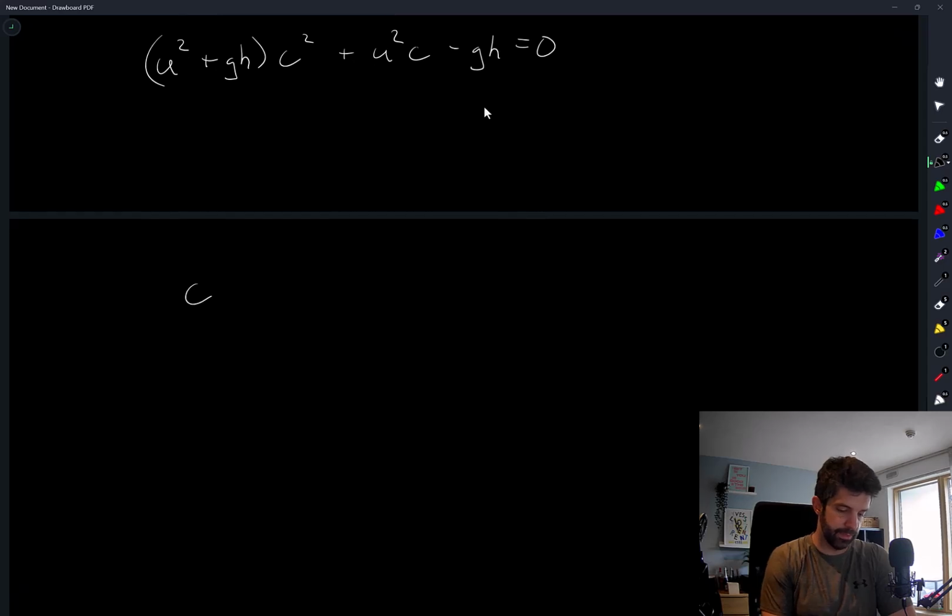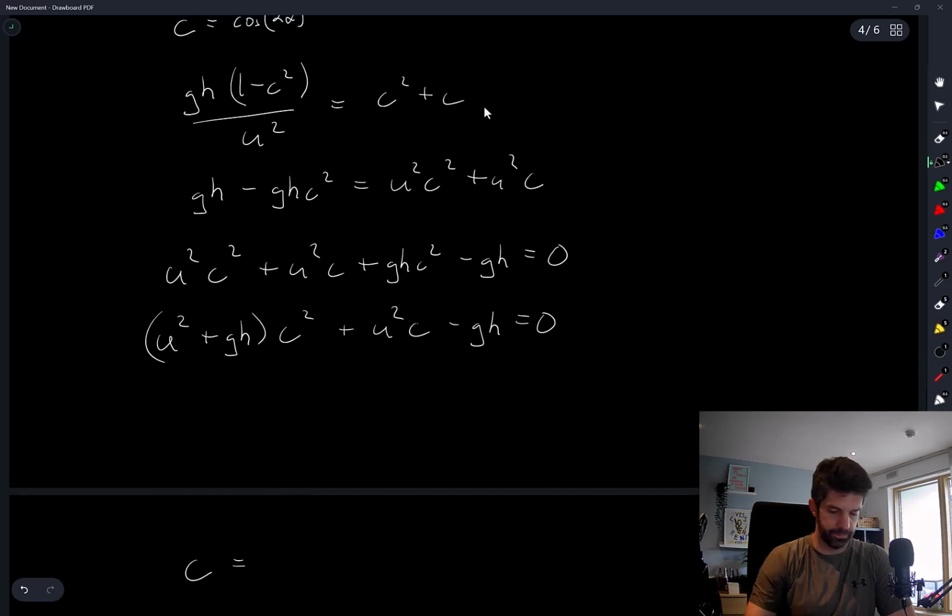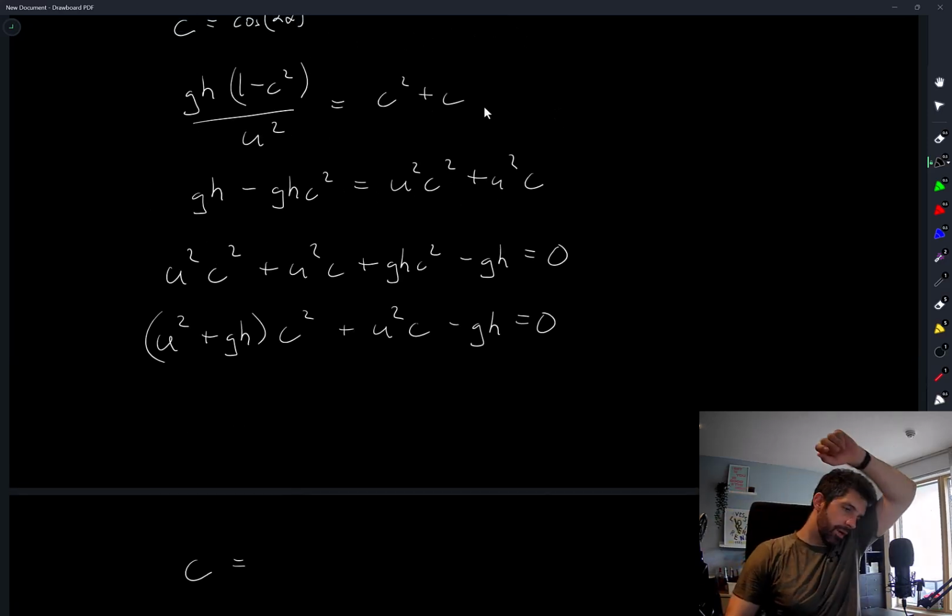So I have c is equal to... do I have a sign error somewhere?